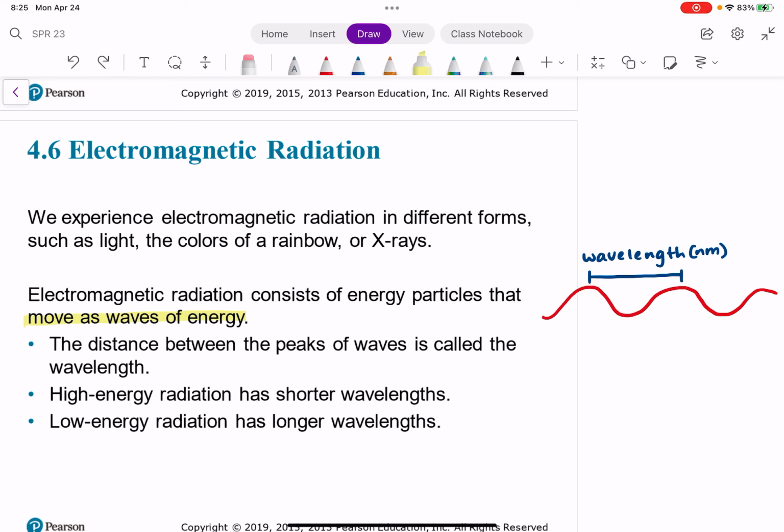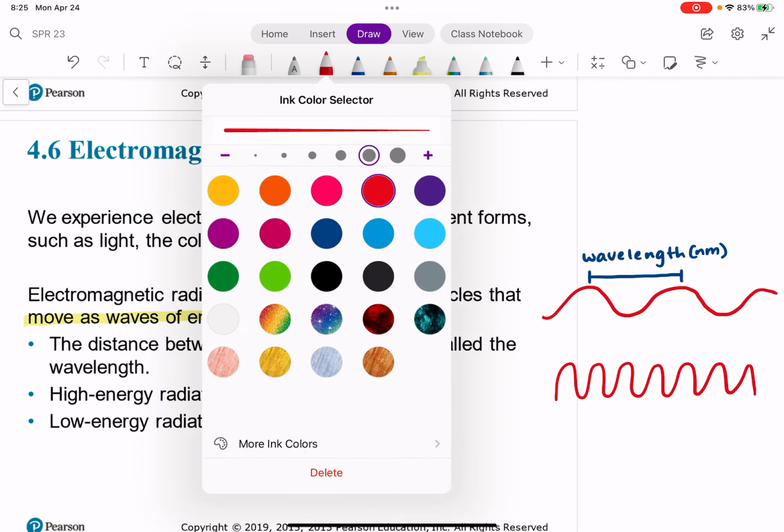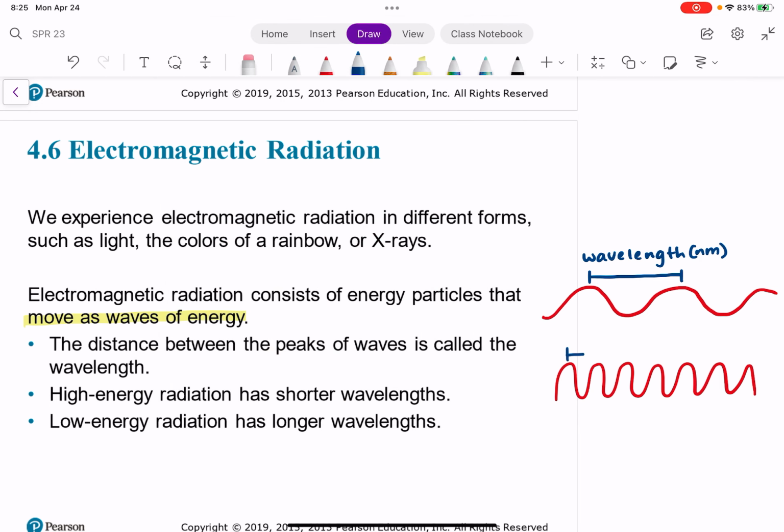And then the shorter your wavelength, the shorter the distance between those peaks, the higher energy radiation you have. So that would be higher energy wavelengths. And then the longer the distance between those peaks or troughs, the lower energy you have.